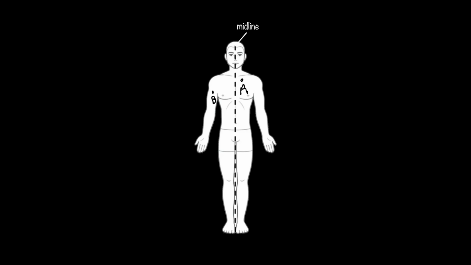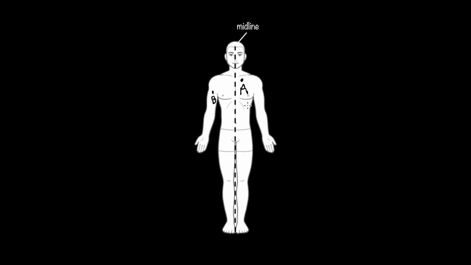And also, mole A is closer to the midline than mole B, so it's also medial. So mole A is medial and superior to mole B. So that means mole B is inferior and lateral because it's further away from the midline than mole A.